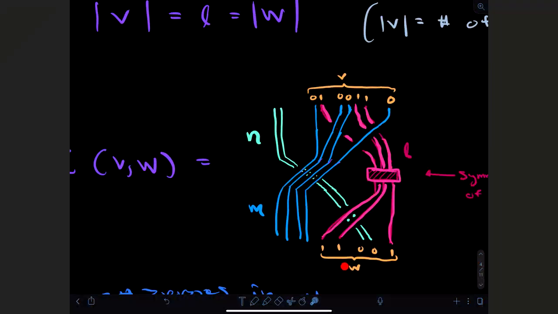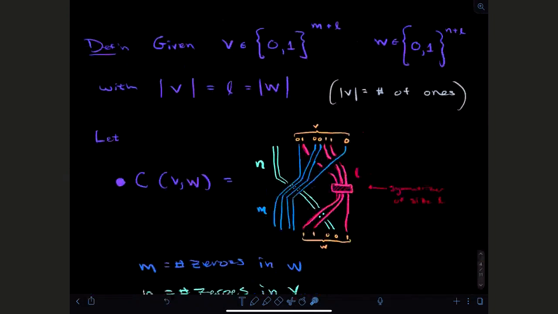And W describes how the L red strands, the symmetrized strands, get shuffled in with the green strands. So this 1 represents a strand that hits the symmetrizer, and so on. This 0 represents a green strand that does not hit the symmetrizer.